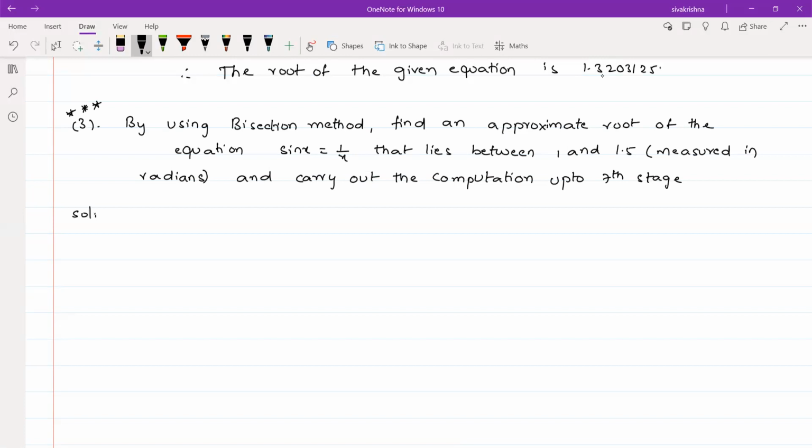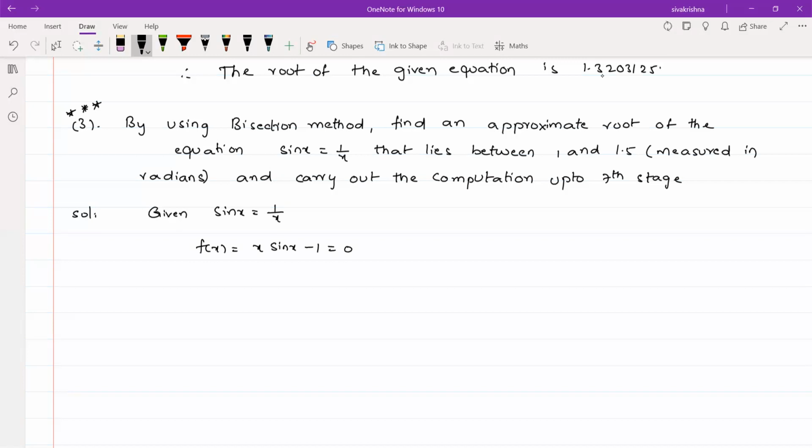Given sin x is equal to 1 by x. I am writing this equation as f of x, cross multiplying so that we get x sin x minus 1 is equal to 0.